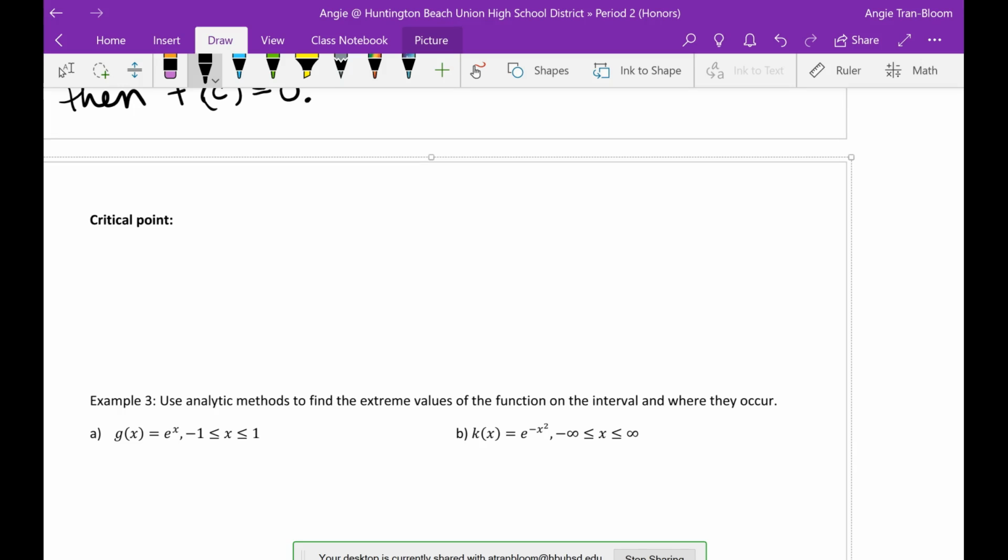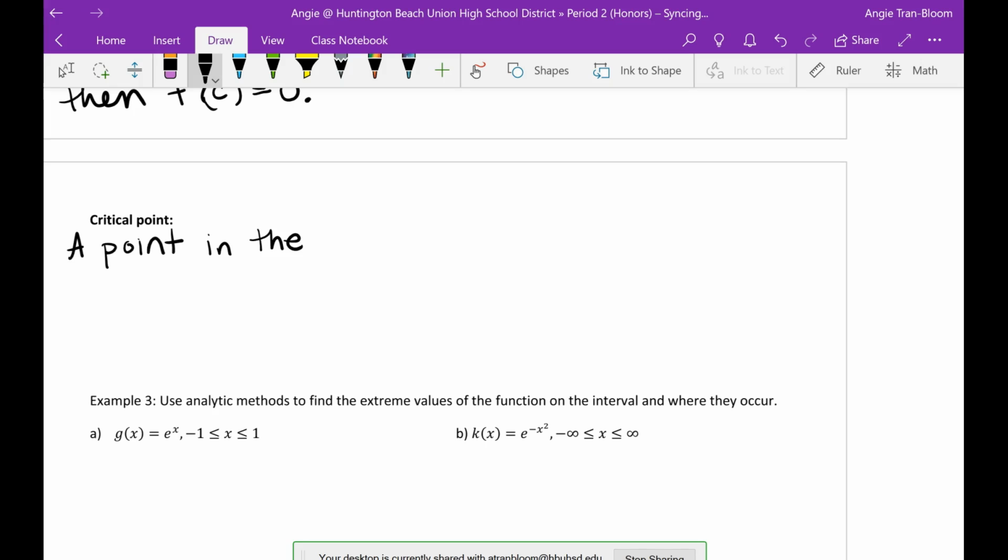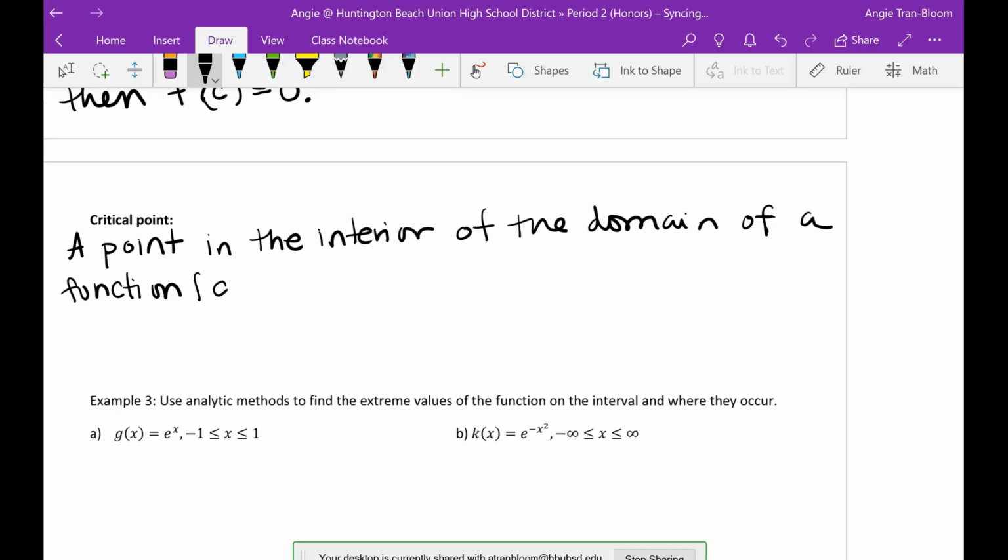A critical point is a point in the interior of the domain of a function f at which f prime is 0, or f prime does not exist.